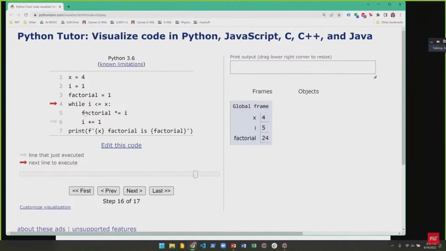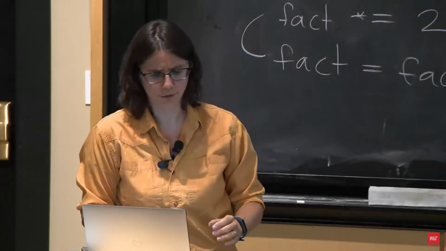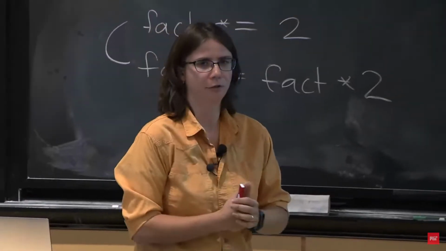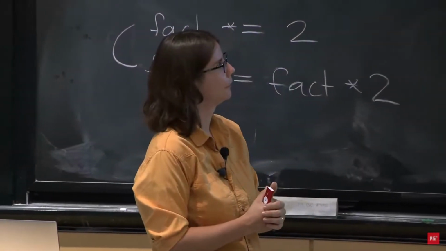No. And then it breaks the loop, and it goes to print this statement, 4 factorial is, and then it grabs whatever the value of the factorial is. So here I'm using this f-string print notation that we learned about last lecture. So I encourage you to go through it yourself, step by step. That's what Python tutor is really, really useful for.